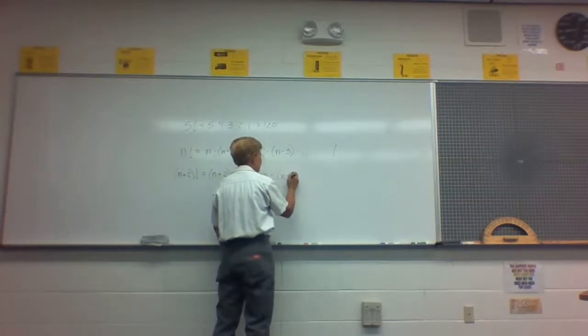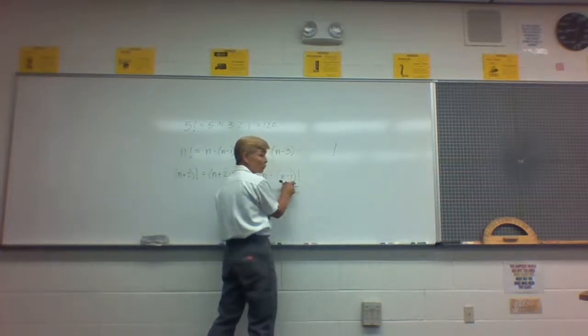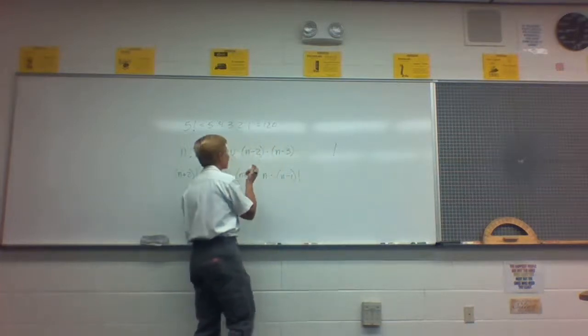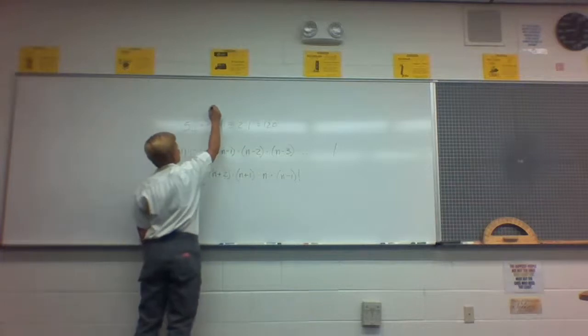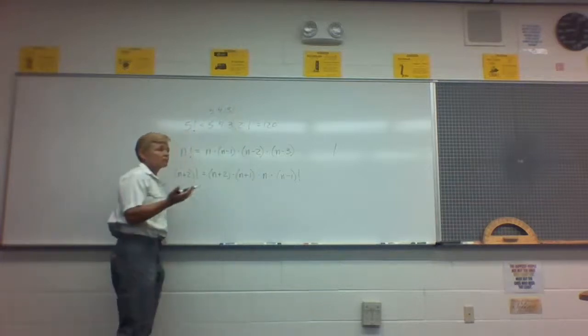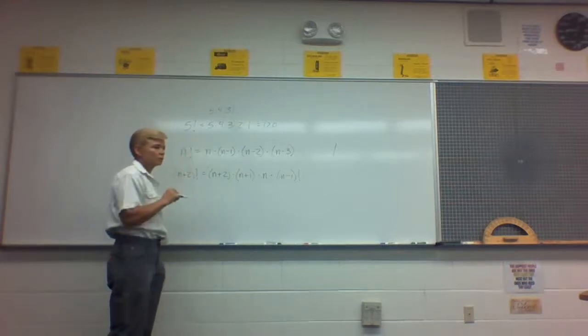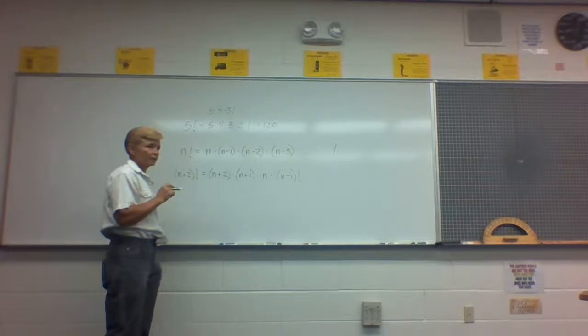Could I write this like this? Because it would just continue with all the other numbers down. I could just put factorial behind that one, couldn't I? Just like I could have up here said 5 factorial is 5 times 4 times 3 factorial. It's the same thing. It just means we expanded it down to 3, now it's going to go on. Do you understand that?